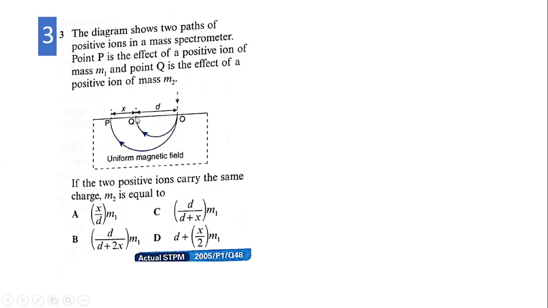Point Q is the landing point of the positive ion of mass M2. If the two positive ions carry the same charge, M2 is equal to... The arrow shows where they enter. So how do we do all that?